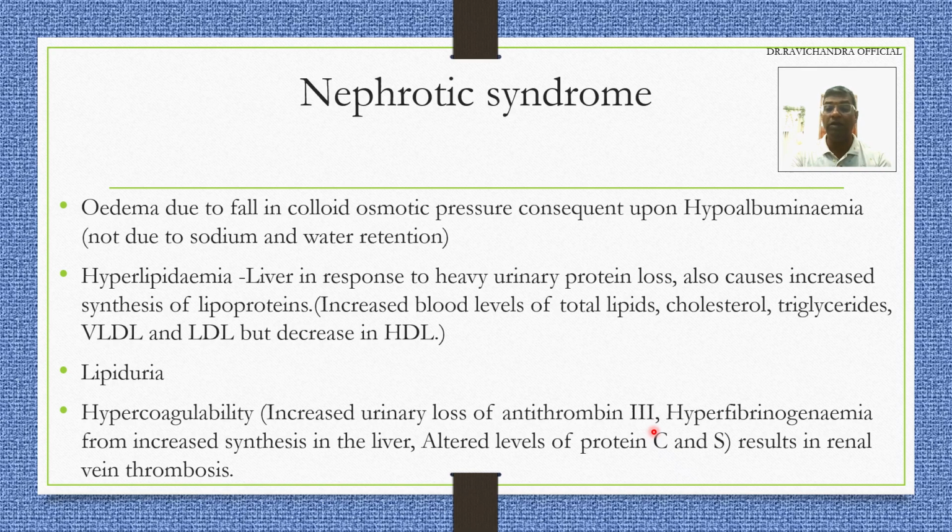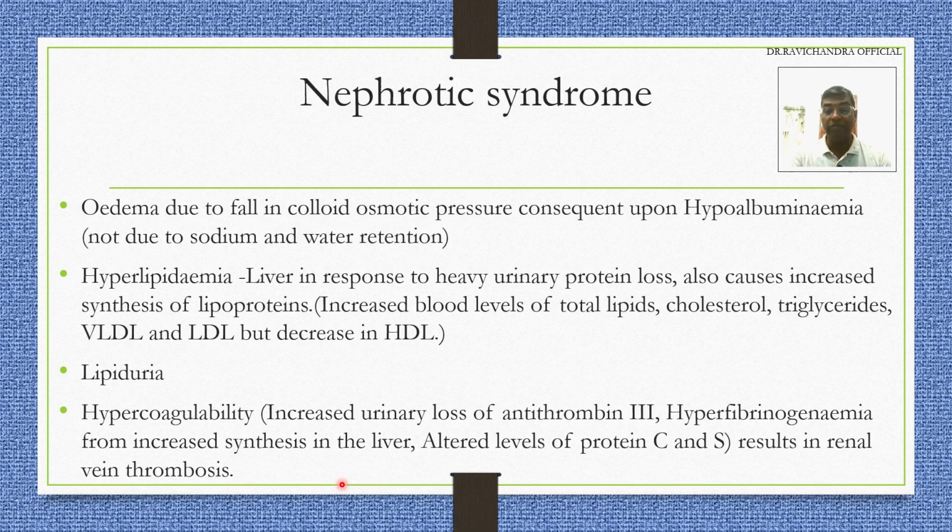Hyperfibrinogenemia: emia means blood, fibrinogen levels increased in the blood, from increased synthesis in the liver. Altered levels of protein C and protein S will result in renal vein thrombosis. As I said earlier, in the causes of nephrotic syndrome, circulatory disturbances, the renal vein thrombosis is one of the causes. So hypercoagulability will result in renal vein thrombosis.